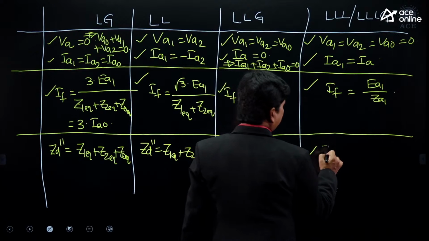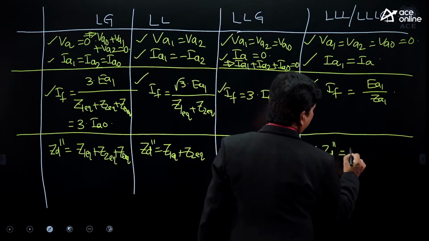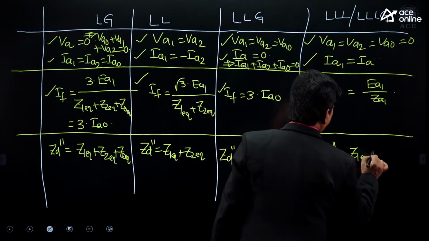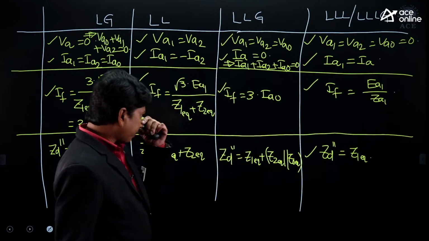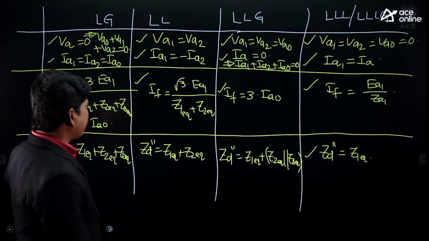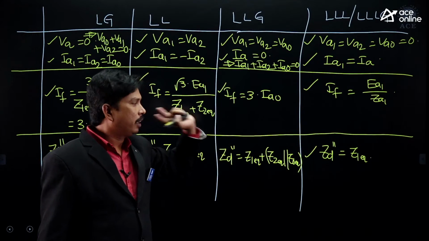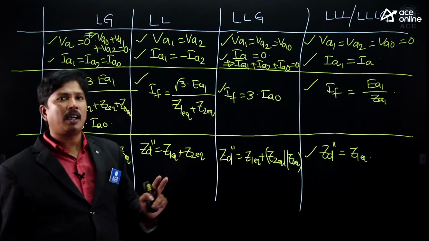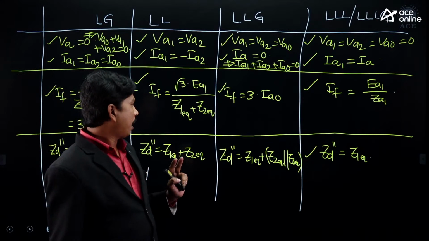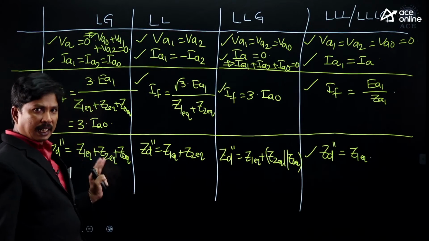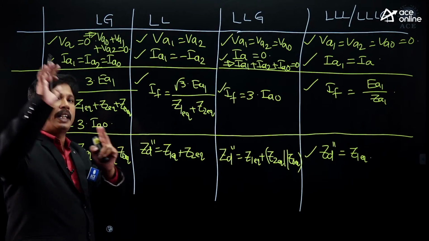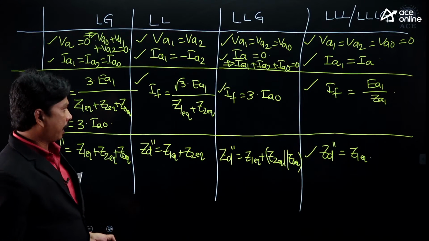And whereas here ZD double dash is equivalent to only Z1 equivalent. If you see here, the subtransient impedance is very small for triple L fault, so we can say triple L fault is the most severe fault and LG fault is the least severe fault whenever the fault is occurring at the end of the transmission line.